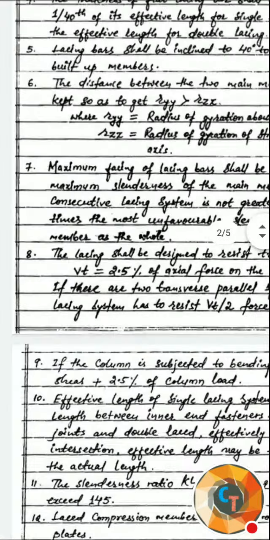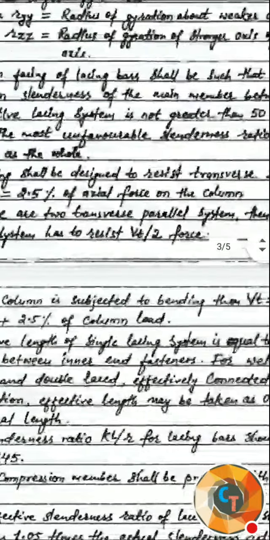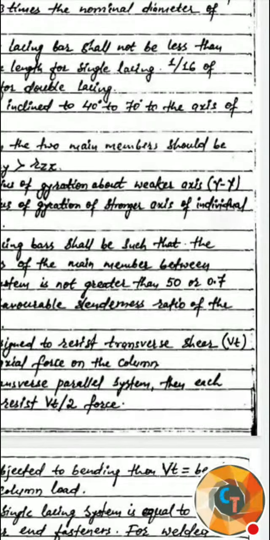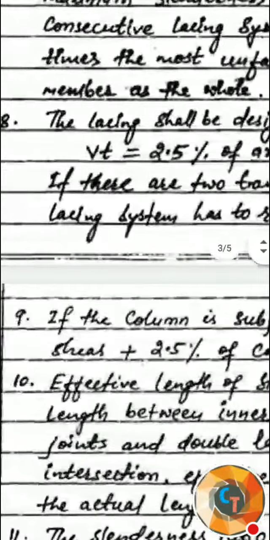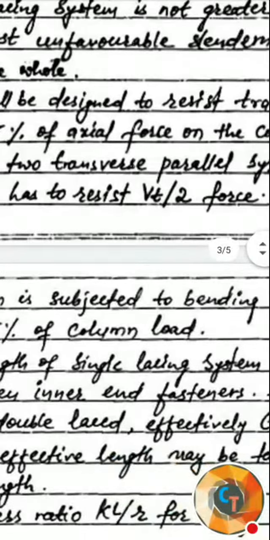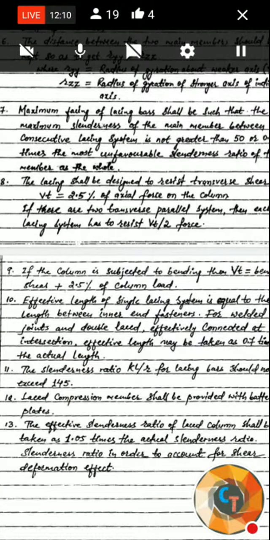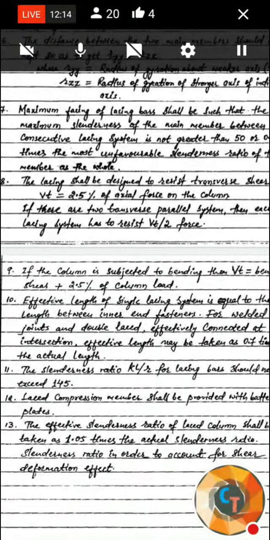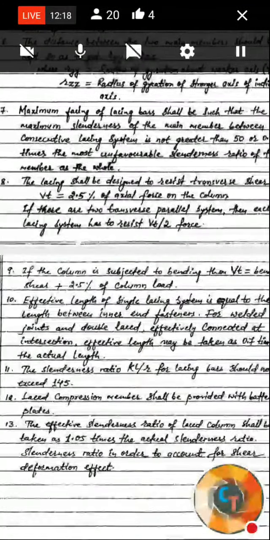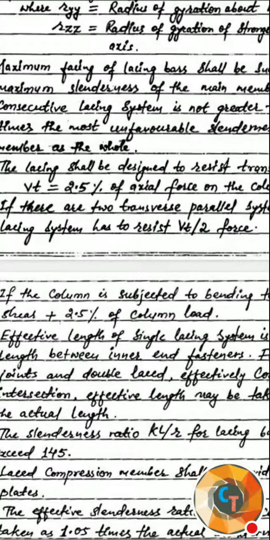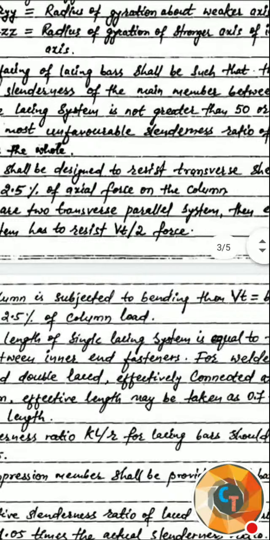The eighth point: the lacing shall be designed to resist transverse shear VT, where VT is equal to 2.5% of the axial force on the column.